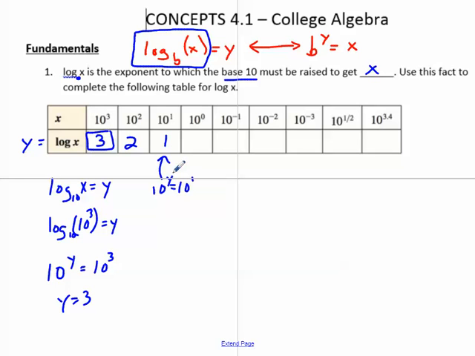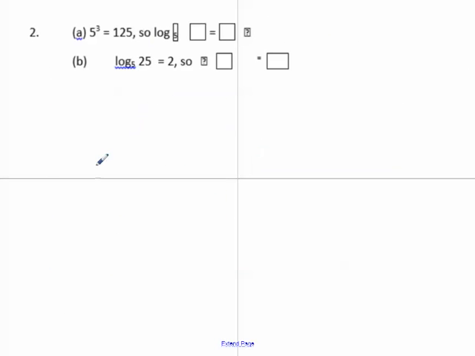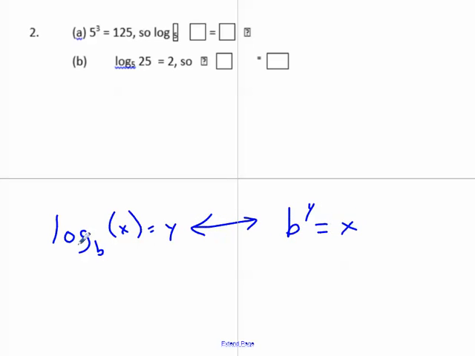We can translate that log equation into an exponential equation and then solve for whatever y value we're looking for. Remember that log base b of x equals y is translated into b to the yth power equals x. This is going to be really important.